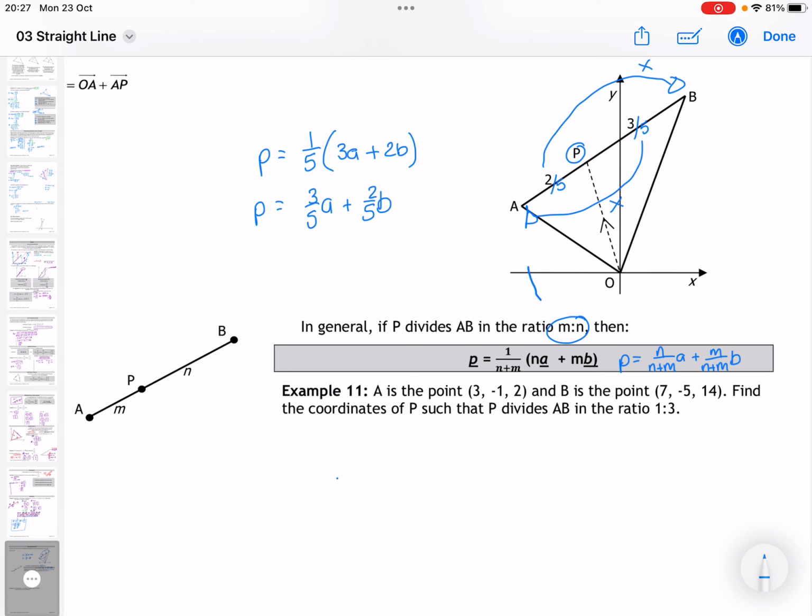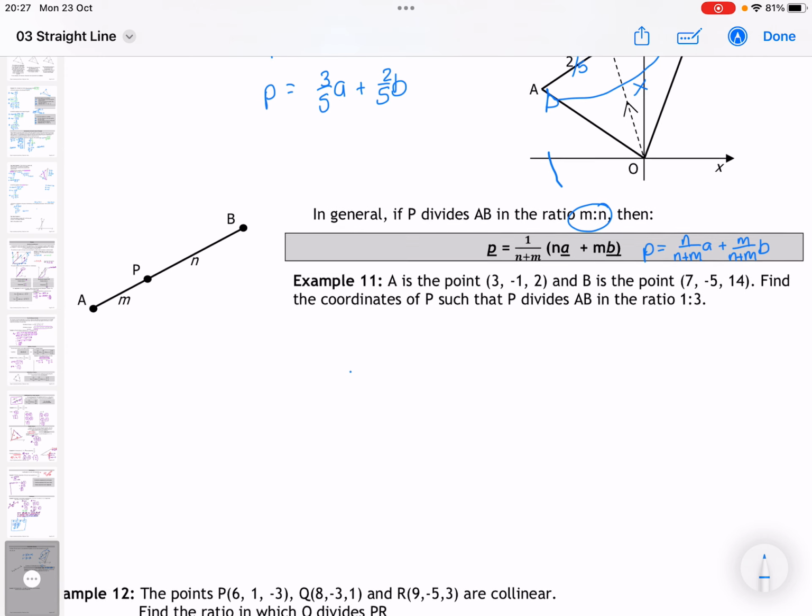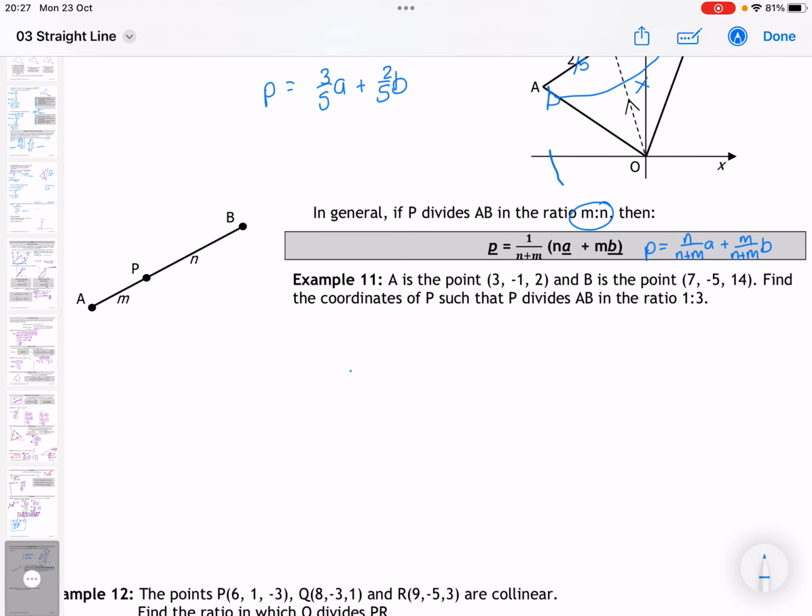So on example 11, okay, we're dividing in a ratio of 1 to 3. So AP is 1, PB is 3. So what I do is I would then say that's 1/4 to 3/4. And it's 1/4 times B. I like a diagram every time I do this. 3/4 of A. And we are multiplying them. Okay?